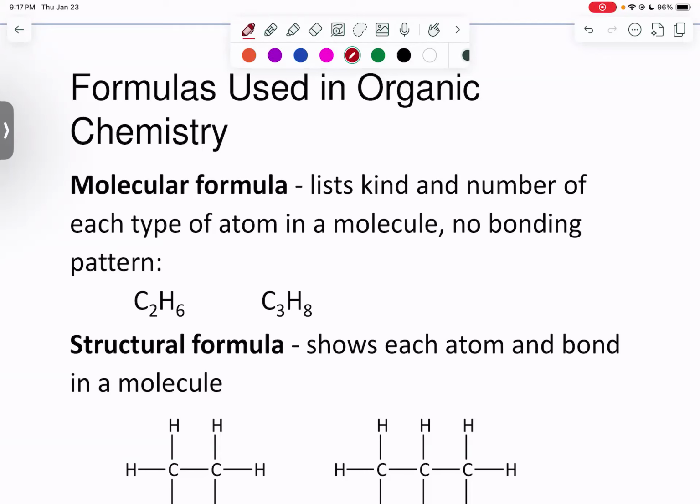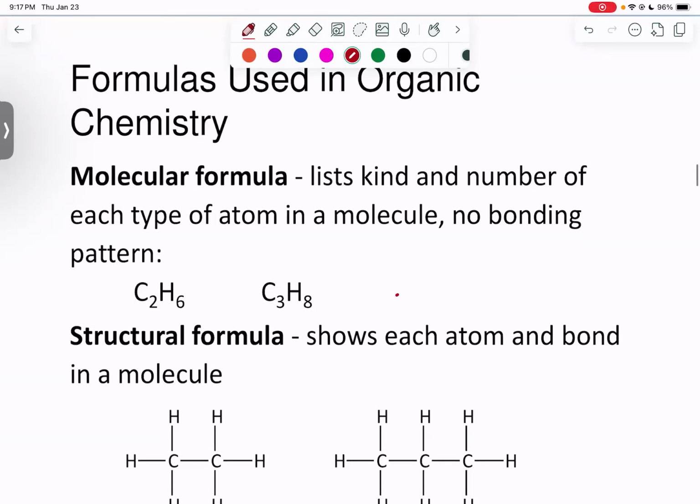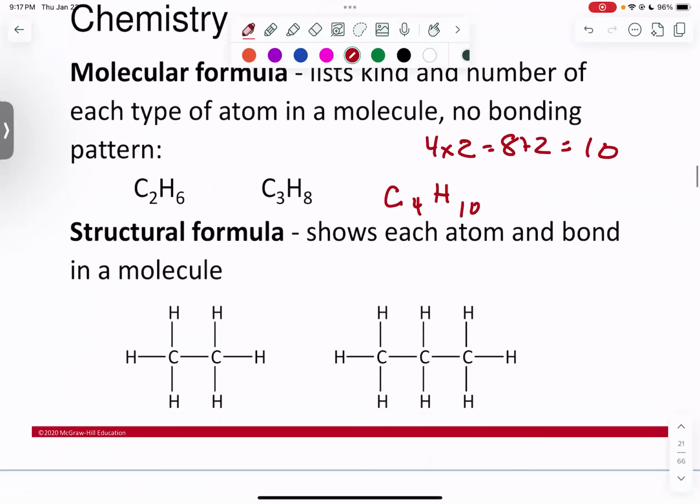But let's say I go C4, and then I would say that would be H. 4 times 2 is 8, plus 2 gives me 10, so that would be H10. So you can pick any straight chain alkane, and if you know the number of carbons, you can know the molecular formula.